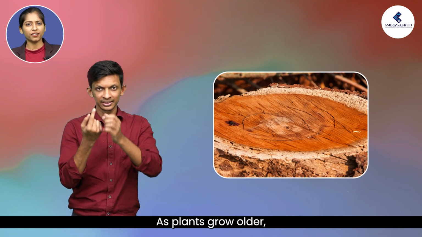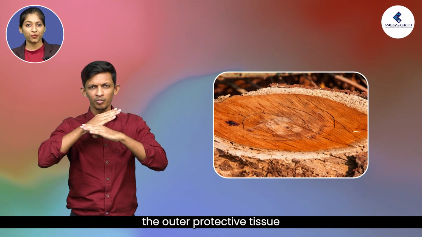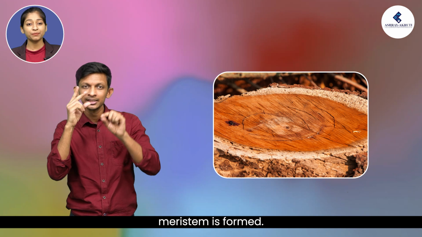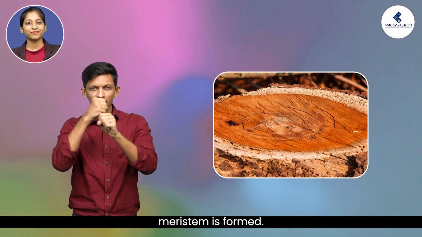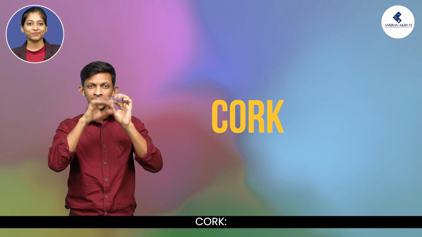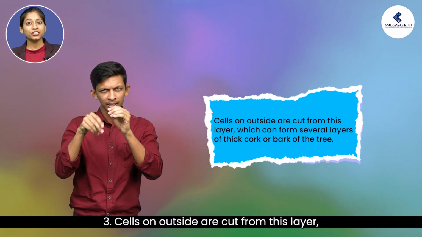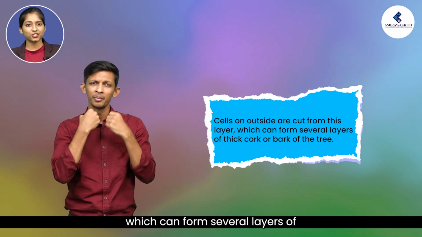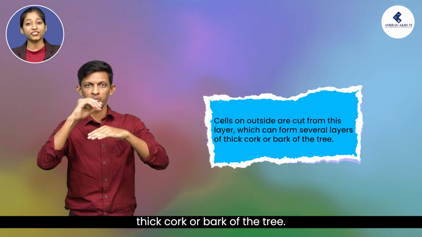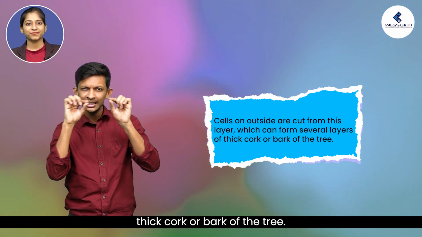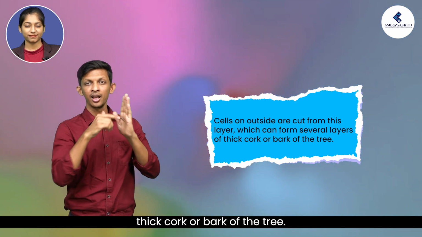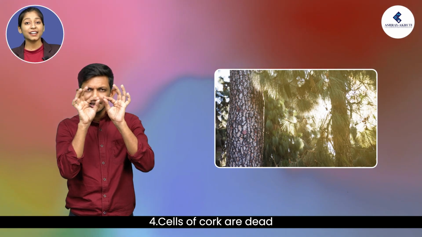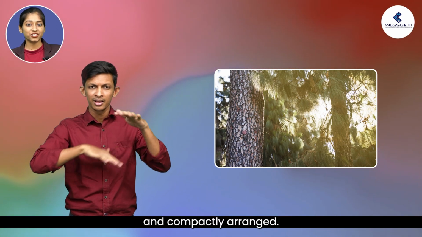As plants grow older, the outer protective tissue undergoes certain changes, and a strip of secondary meristem is formed. Cork. Cells on the outer side are cut from this layer, which can form several layers of thick cork or bark of the tree. Cells of cork are dead and compactly arranged.